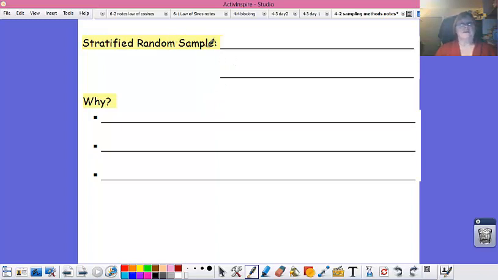A related way to sample is called stratified random sampling. In a stratified random sample, the population is divided into groups based on some characteristic.